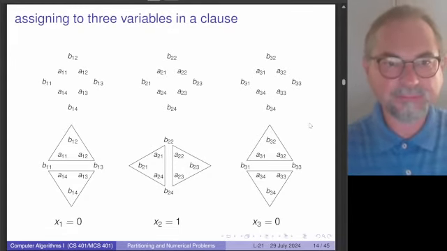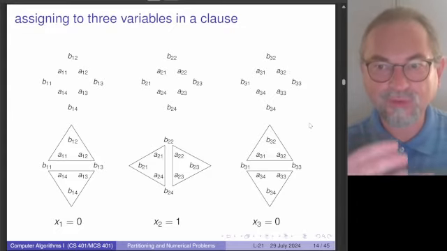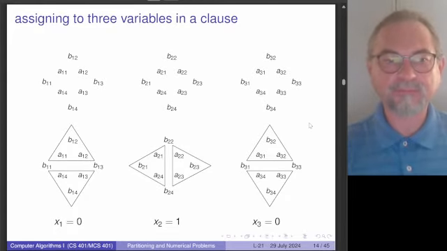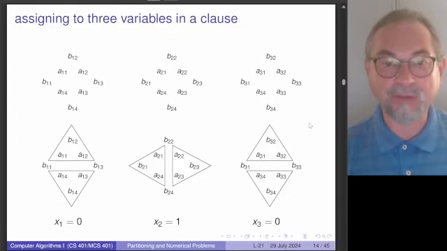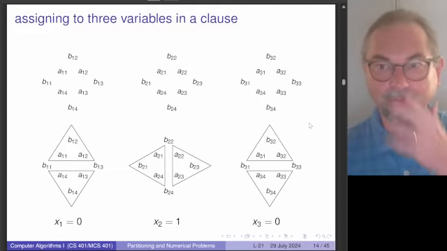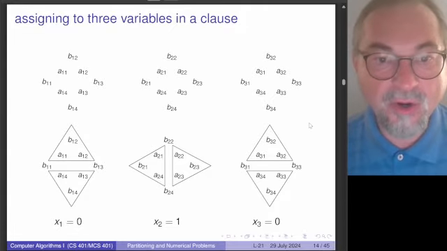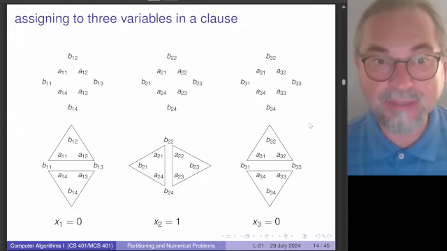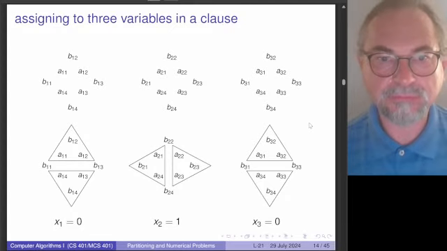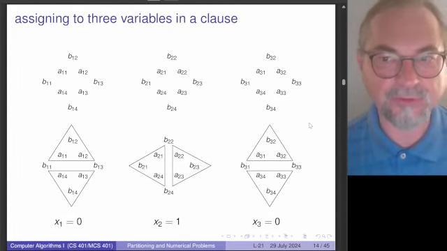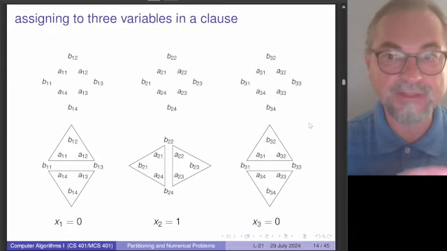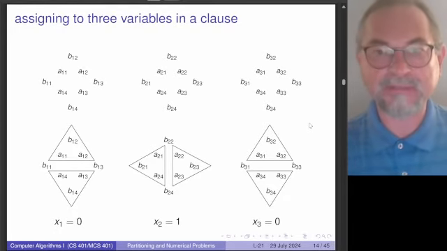Of those total 8 letters, we each time select 2 triangles that cover the core, depending on whether we want to assign to the variable 0, 1, or 0 here in this case. In total here we have 12 triplets.